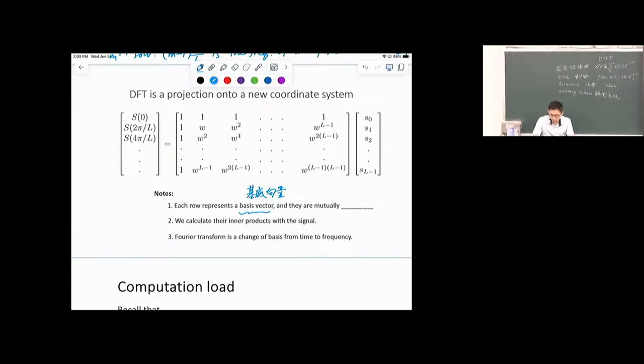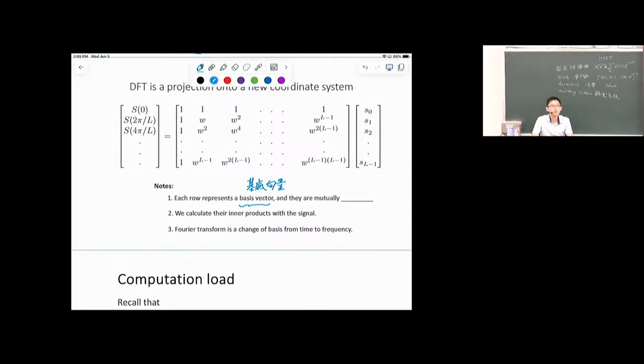And further, you can check that they are mutually what? Anyone want to take a guess? They are mutually orthogonal. Yeah. They're mutually orthogonal, meaning that if you take one row and the next row and perform inner products, it's going to be 0.